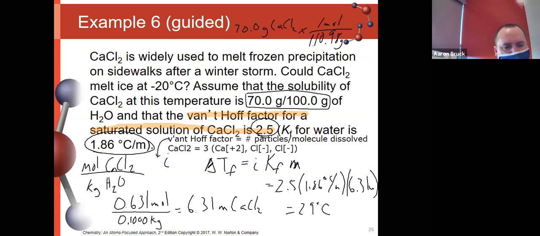So my change in freezing point is 29 degrees Celsius.